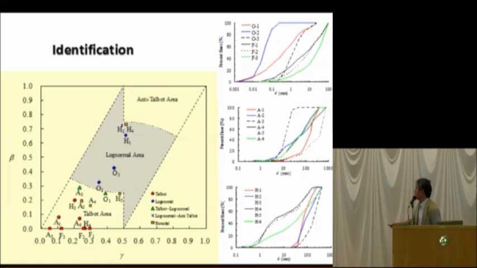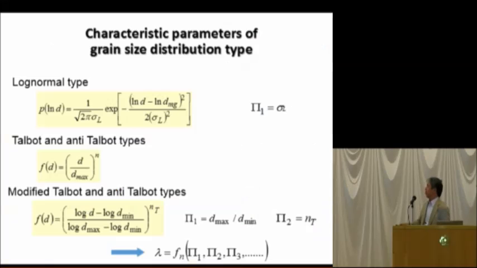And A3 is this one. If you look at this here, this is Talbot, but looking at this and this, maybe you think this is not log normal. Maybe this plot is around the border of the log normal and Talbot area. Anyway, we can identify the grain size distribution type using these two parameters. And we also need some characteristic parameter of each type.